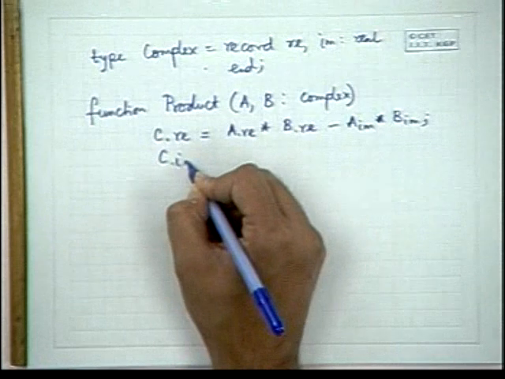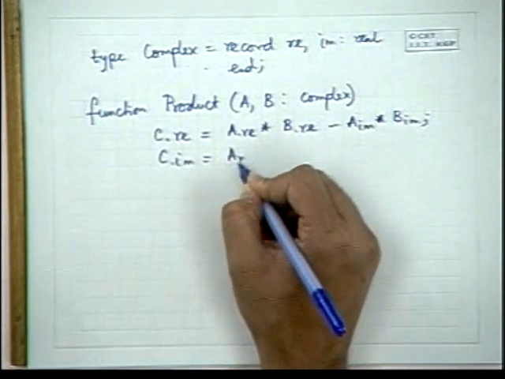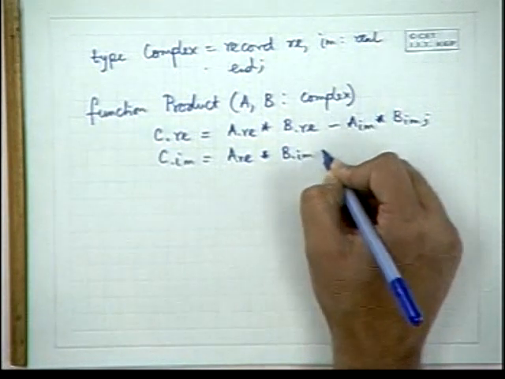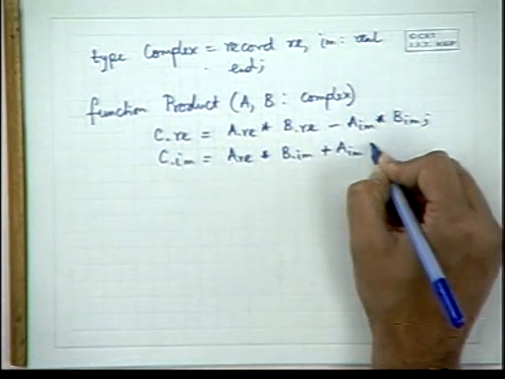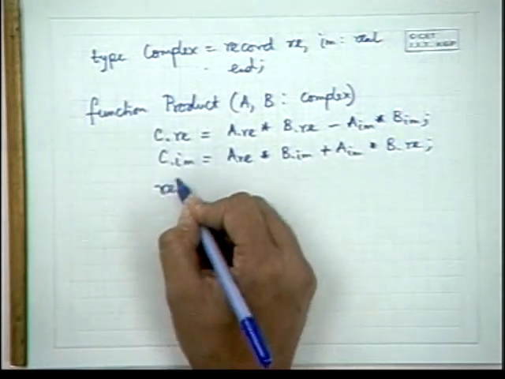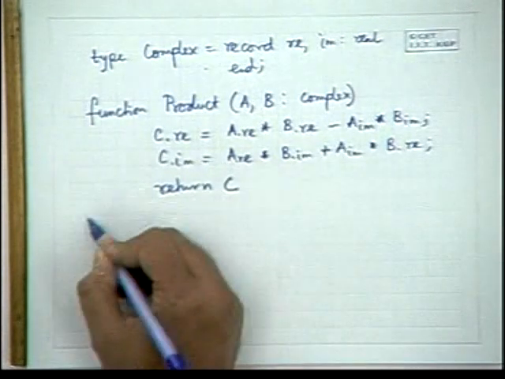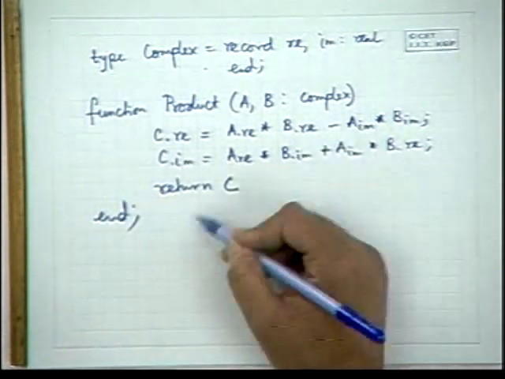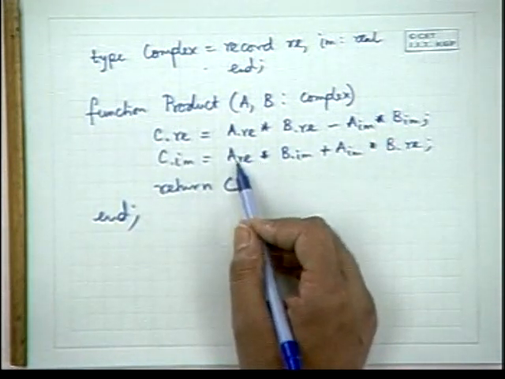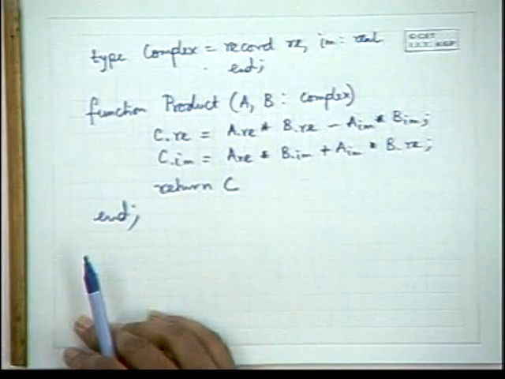Similarly, C.im will be given by A.re multiplied with B.im plus A.im times B.re. Then you say return C. This is very straightforward. These are just algebraic notations. We already know how to compute the real part and the imaginary part of the product of two complex numbers, so I just use those formulas in a straightforward manner here.